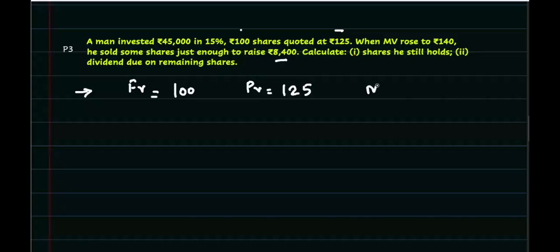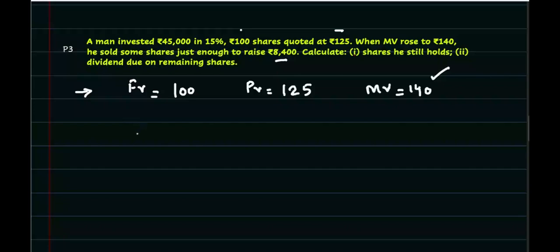And now what is the market value? Market value is 140. He needed 8,400 rupees. So he will be selling at what price? Whatever market price is there, he will be selling his shares at 140. So to raise 8,400, how many shares does he have to sell?